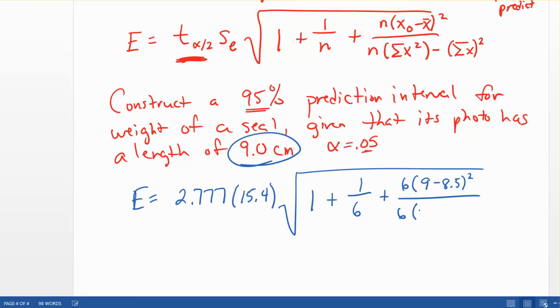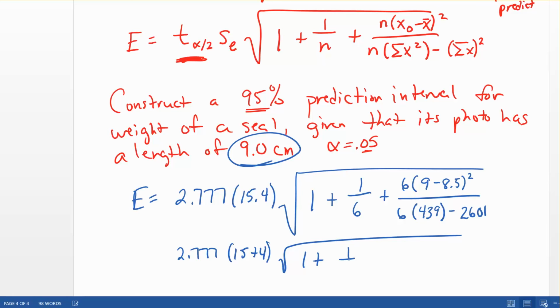I've done that already: the sum of the x squareds is 439, and the sum of the x's squared is 2,601. If we simplify that, we get 1 plus 1 over 6 plus 6 times 0.5 squared, which is 1.5, over 6 times 439 minus 2601, which is 33.